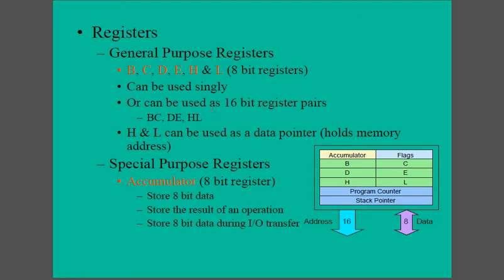Or they can be used as 16-bit register pairs, where we combine these two registers to store one piece of data. For example, we can combine the B and C registers here. Instead of storing 8 bits of data, now we are storing the combined 16 bits of data in B and C, and then D and E, and also H and L.